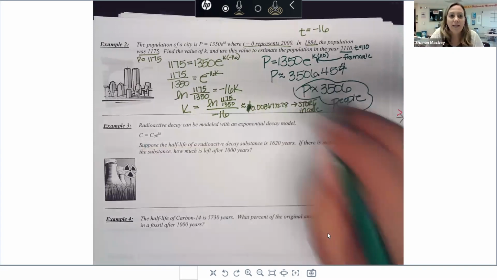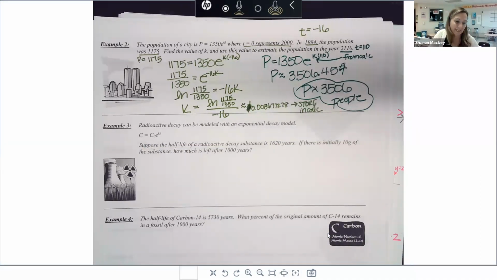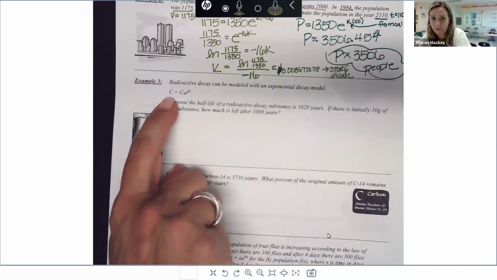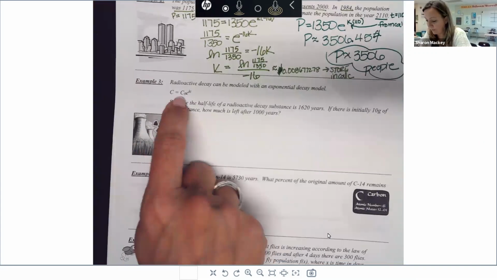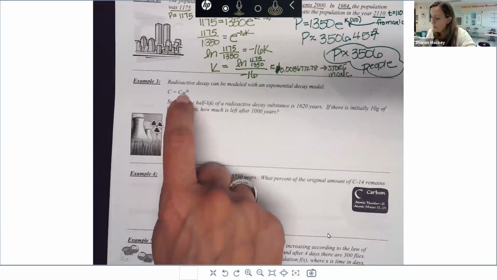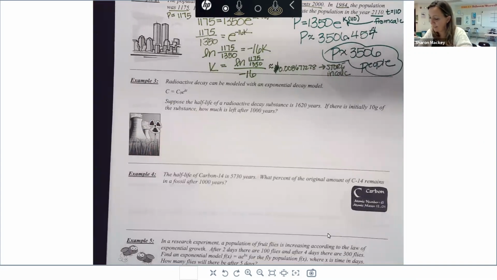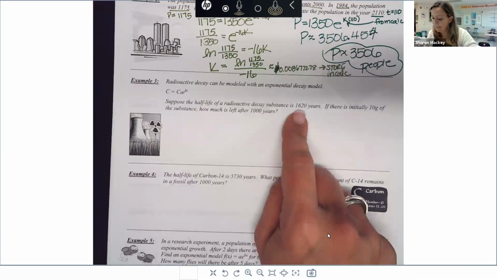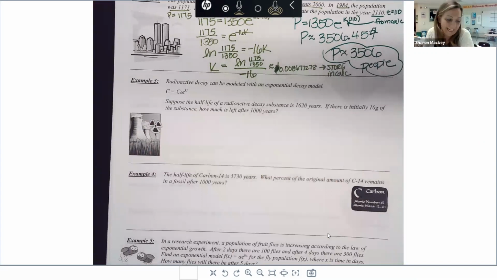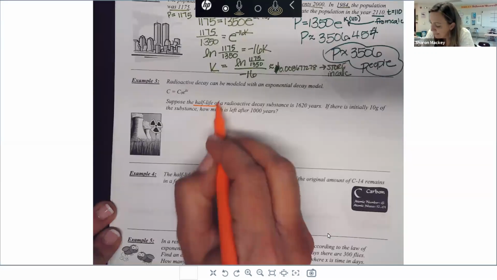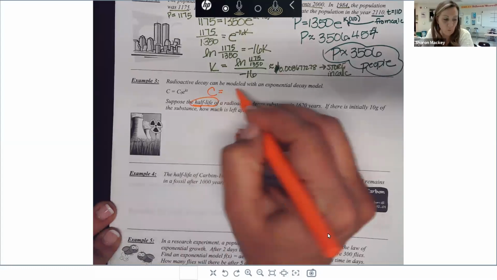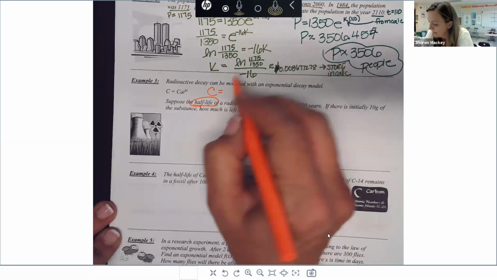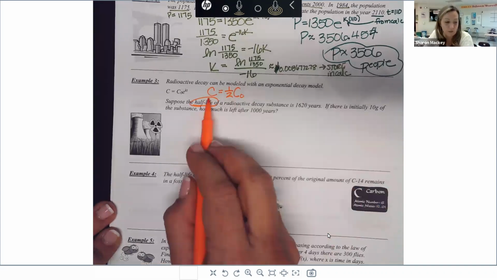Right? In example 3, radioactive decay, all right, that can be modeled with an exponential decay model. Again, so we have C, the amount that's left, is equal to C sub 0, the start amount, times e to the KT. So suppose that the half-life of a radioactive decay substance is 1,620 years. What this means is that when you see something like half-life, it doesn't even matter what you start with, what you end up with is half of what you start with.